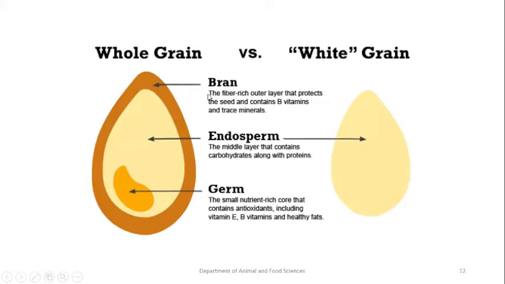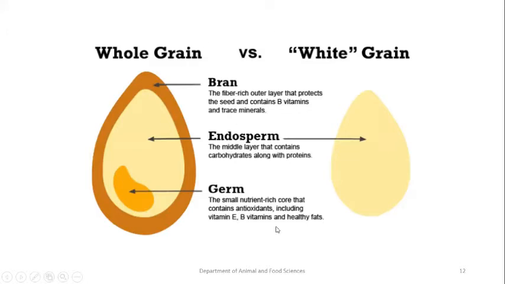The bran and the germ are the most nutritious part of the whole grains. They contain high amounts of many nutrients such as fiber, vitamin B, iron, magnesium, potassium, and selenium.